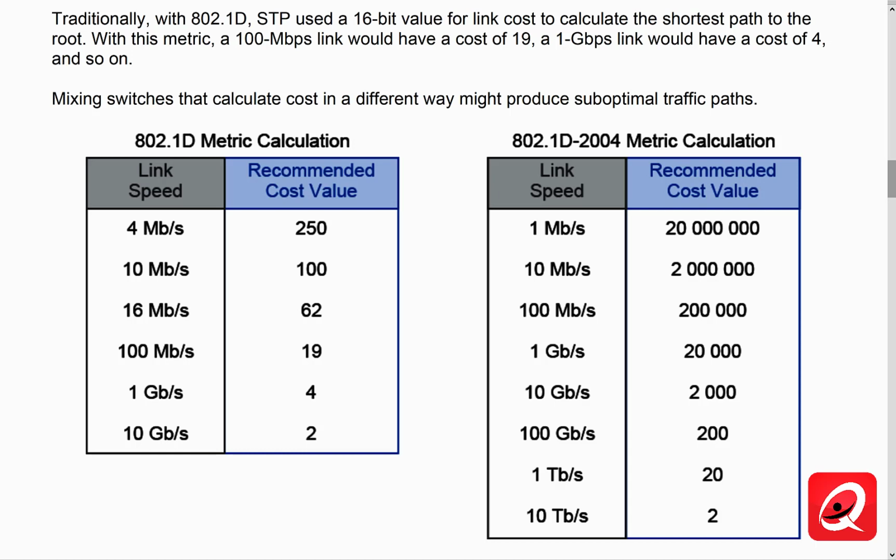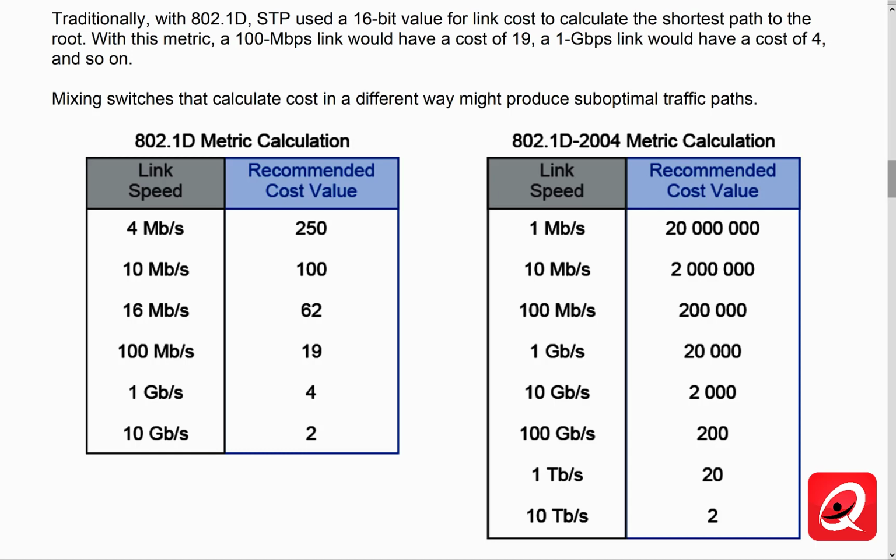So if you look at the metric calculations on the left, this is actually even an updated list. It used to be even worse than this, but the top speed that we reference and differentiate is a 10 gig link. And actually in the past, 1 gig was the limit. So cost, I would say, is kind of an arbitrary number.